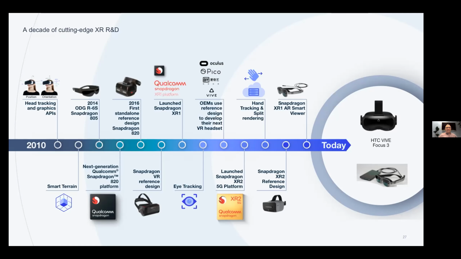What you see here is, we started really early in XR. We've been investing in XR for over 10 years now, both by developing technology and by implementing that technology onto chipsets that can then be taken and deployed by OEMs such as HTC, and then used by platform providers such as VictoryXR, and then eventually end up in the hands of educators and students and the panelists.